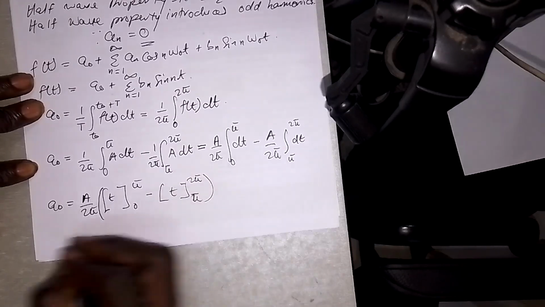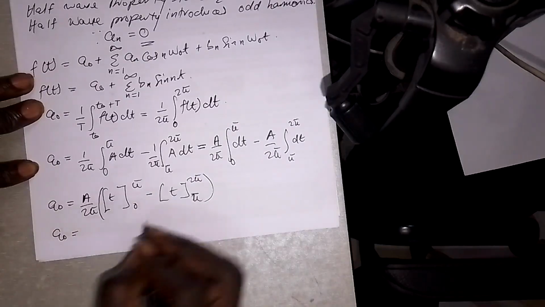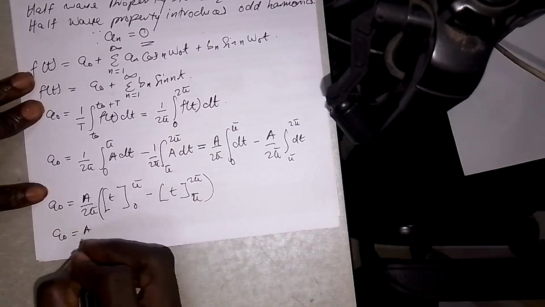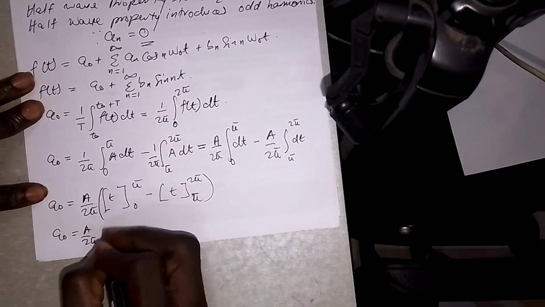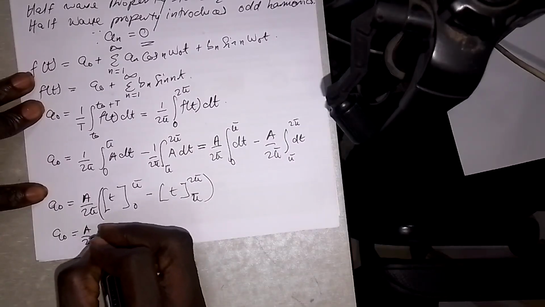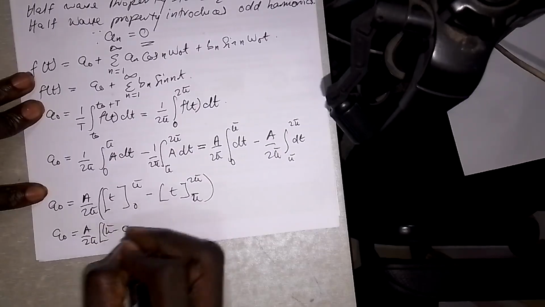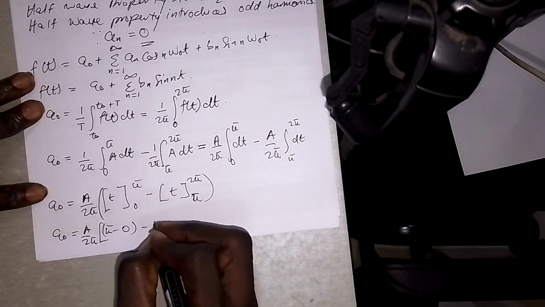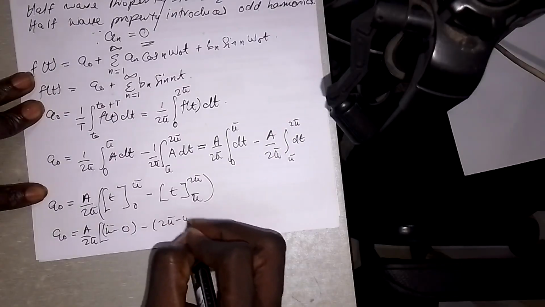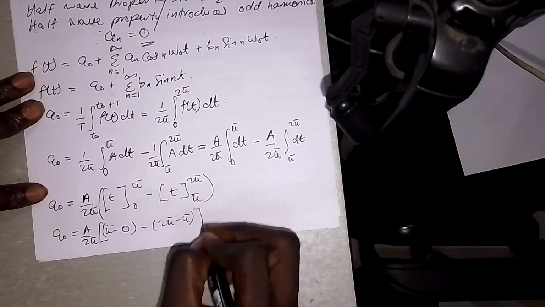Alright, so here A naught is equals to A over 2 pi into pi minus 0, minus 2 pi minus pi.